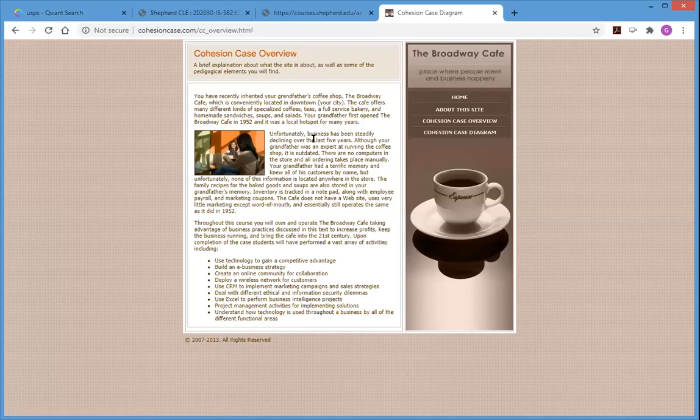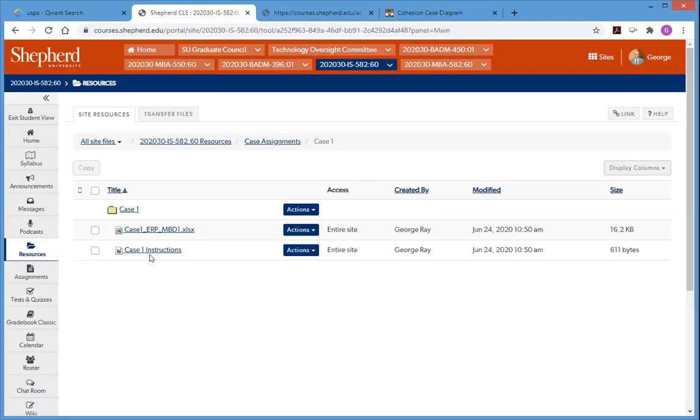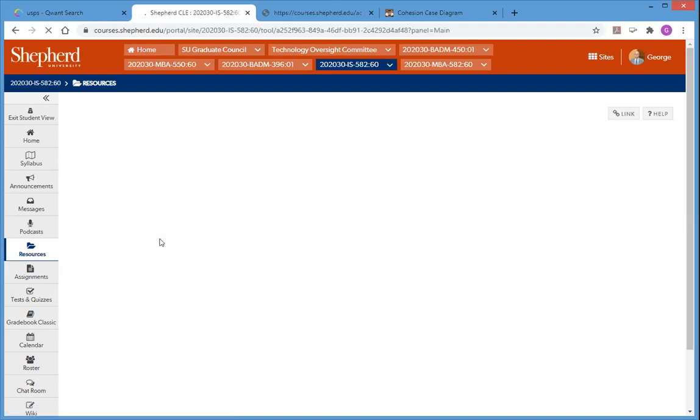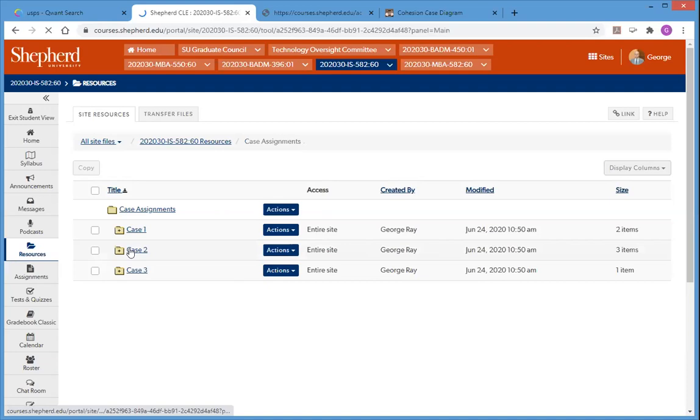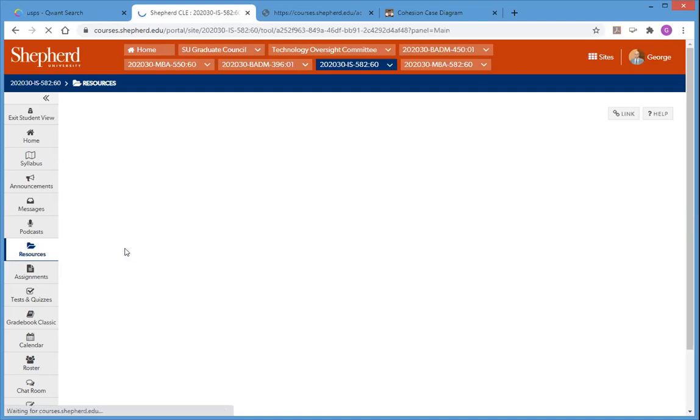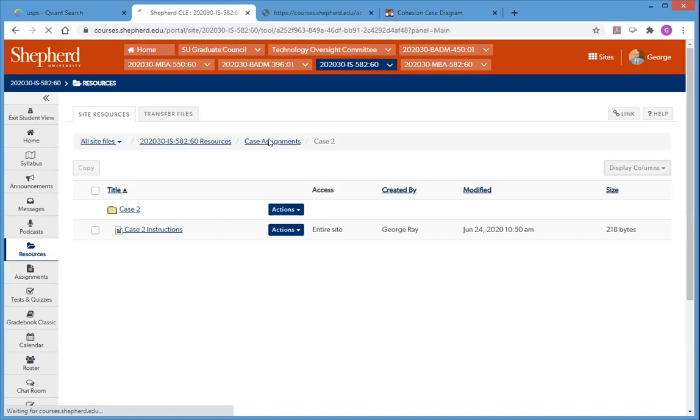And it's the Cohesion case that's part of the text. As I mentioned, we'll be going over different aspects of it throughout the semester. The case instructions and any data sets you need for a case study will be in the folder with the appropriate number: case 1, case 2, case 3. There's case 2, and likewise for case 3.